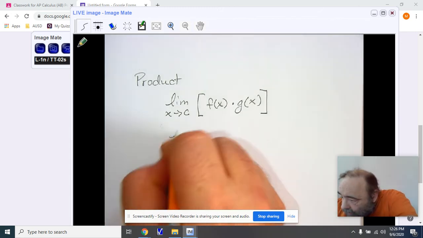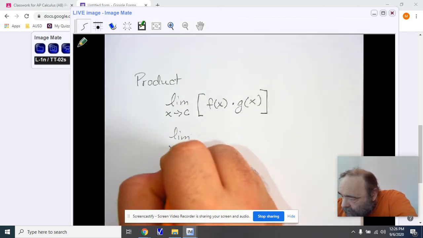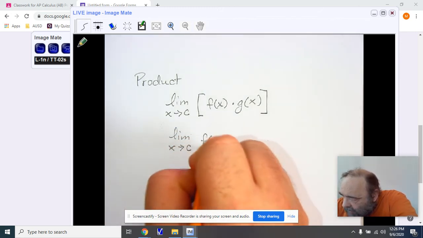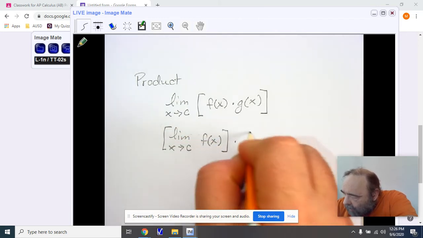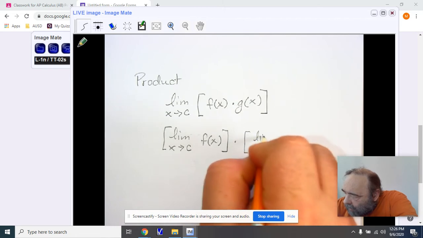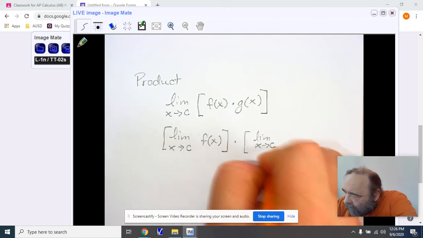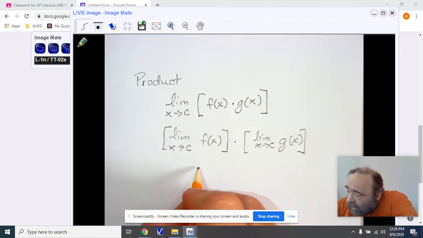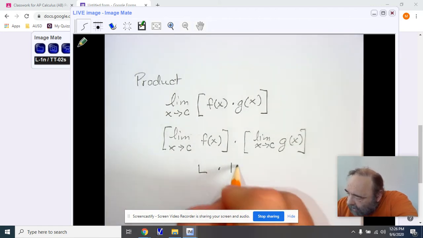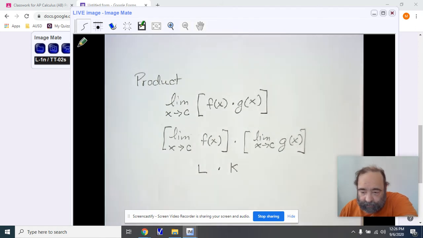So we're looking at the limit as x approaches c for f of x, multiplied by the limit as x approaches c for g of x. And this gives us L times K by direct substitution.